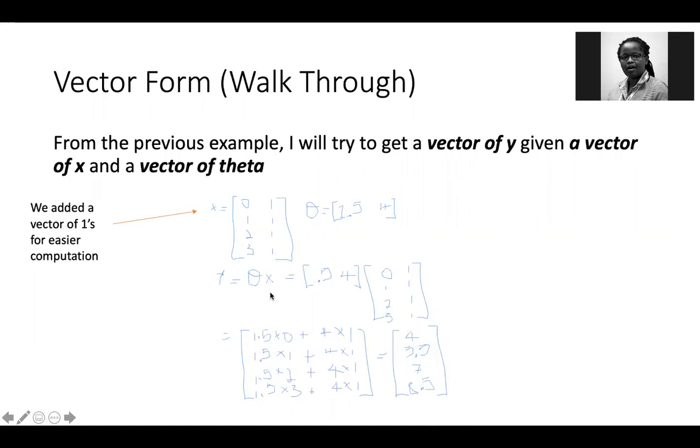And then theta is 2 by 1, because if you have a 4 by 2 matrix, then the next thing you multiply it by has to have a 2. That's why sometimes you have to transpose the matrices.